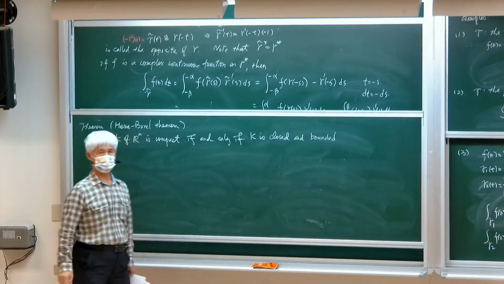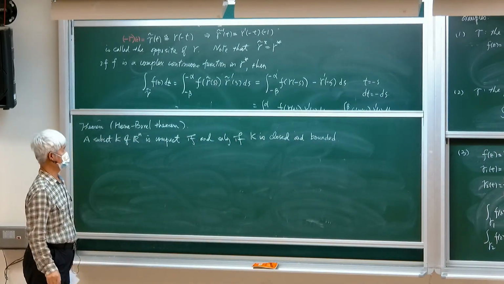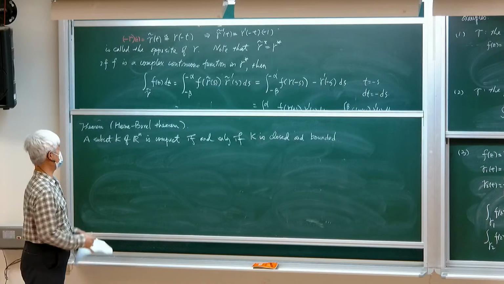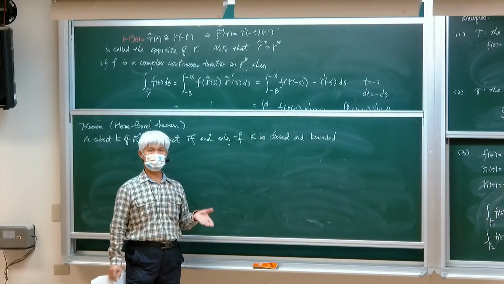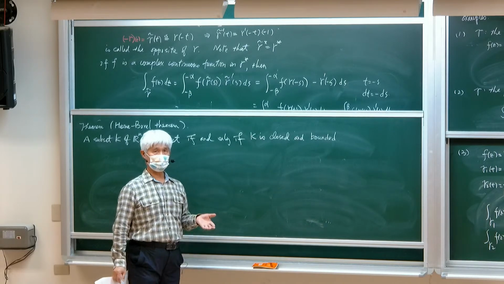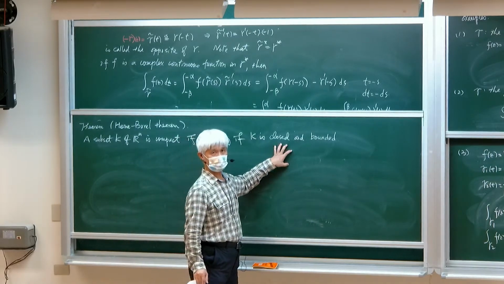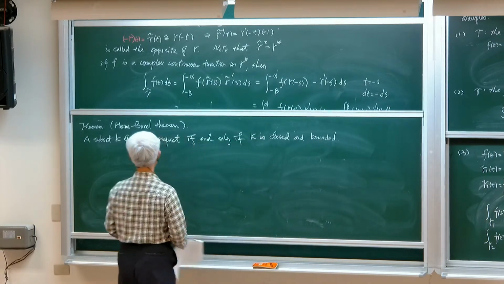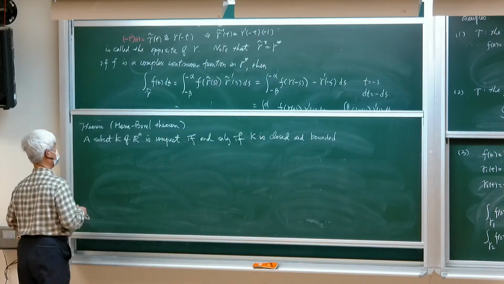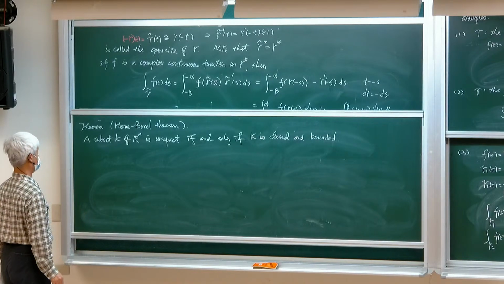So it's very easy to identify compact subsets in Euclidean spaces. If we check it's closed and bounded, then it must be compact.